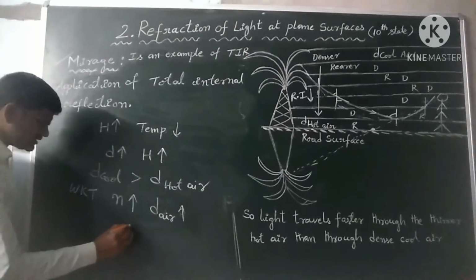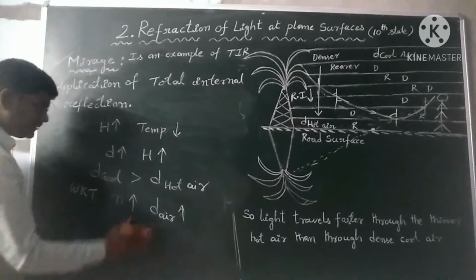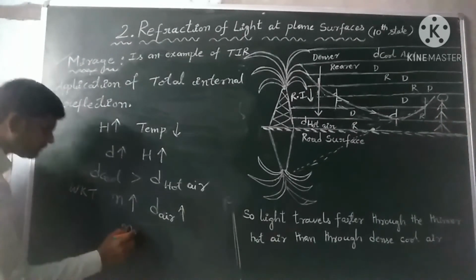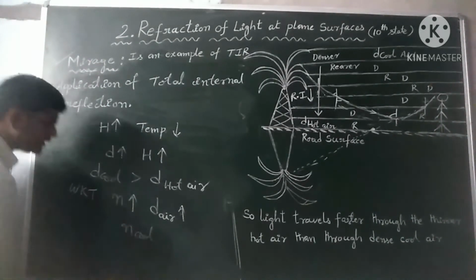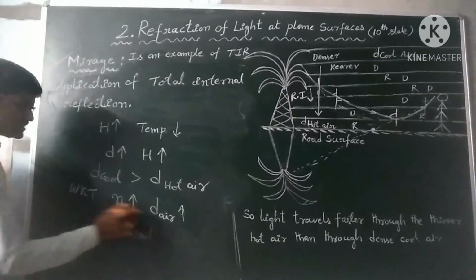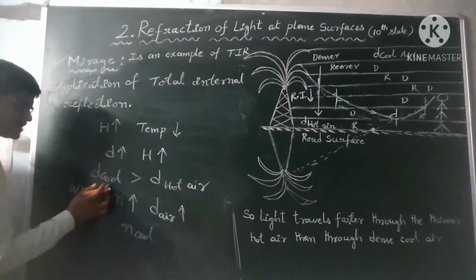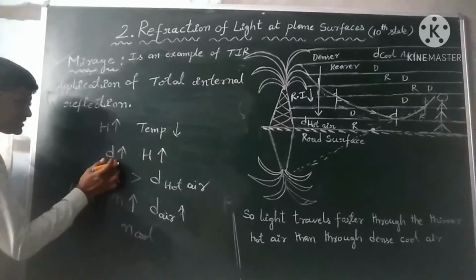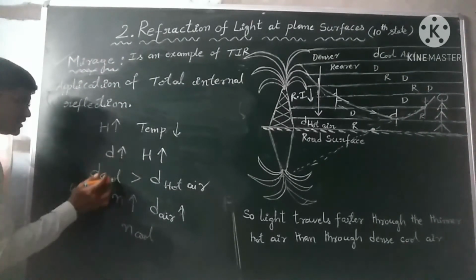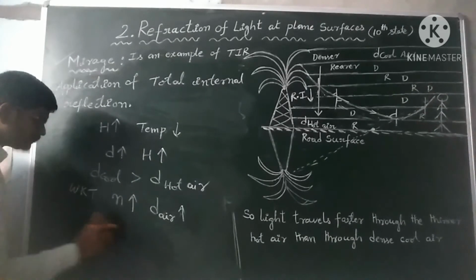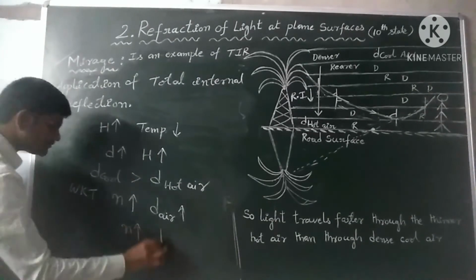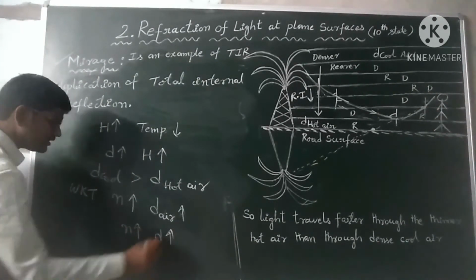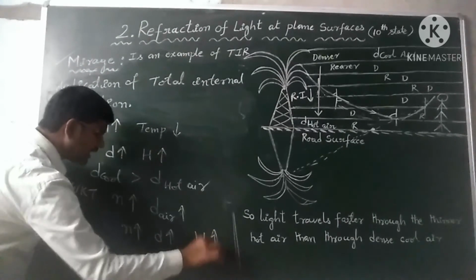So we can write like this, see my dear students. Refractive index increases with density. So as height increases, density of the air increases. So refractive index increases with density, means it also increases with height.